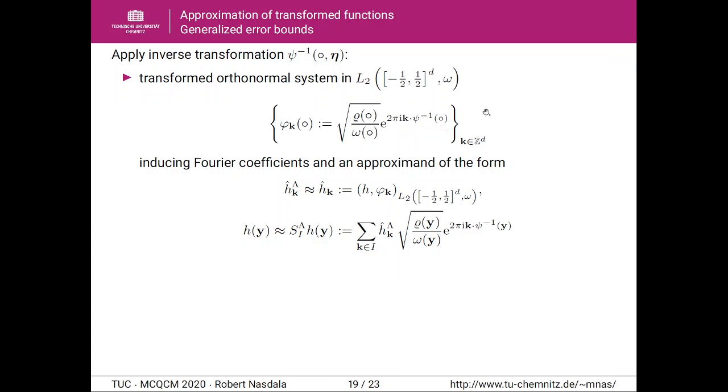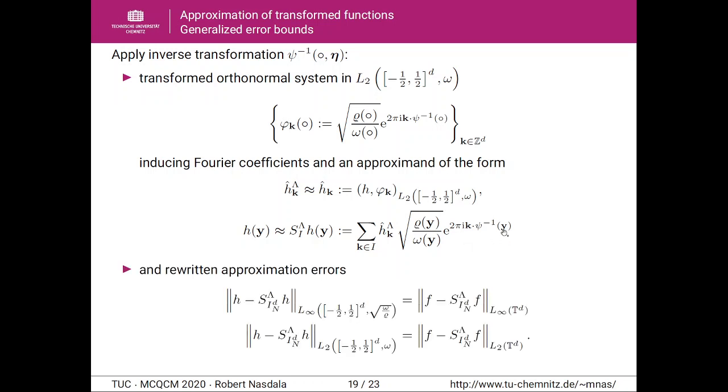And with this orthonormal system, we also have in a completely natural way Fourier coefficients, now with respect to the weighted L2 function, and we also have an approximant, where we take the approximated Fourier coefficients and the new orthonormal basis system.